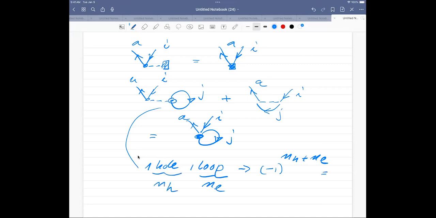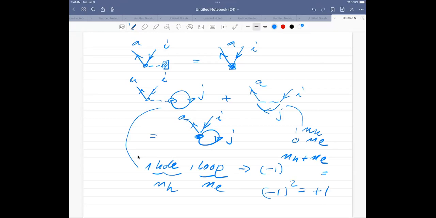And we know that this one is now minus 1 to the power of 2, which is a plus 1. So that has a plus sign. If we look at this diagram here, we have one hole, but we have 0 loops because this is not seen as a closed loop. And in that case, we get a minus sign.